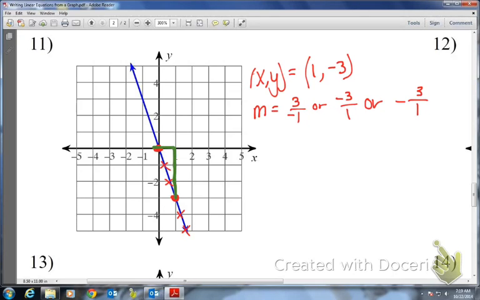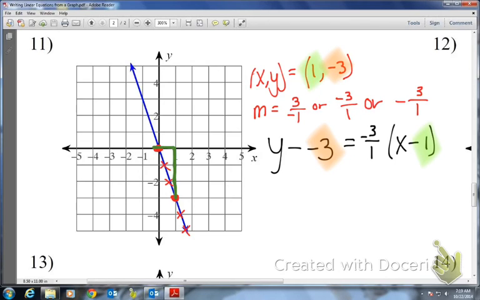So when I write this in point slope formula, I have y minus y1, so that's -3, because that came from right here, equals m, so -3 over 1, times x minus x1, so that's 1. And that came from right here.